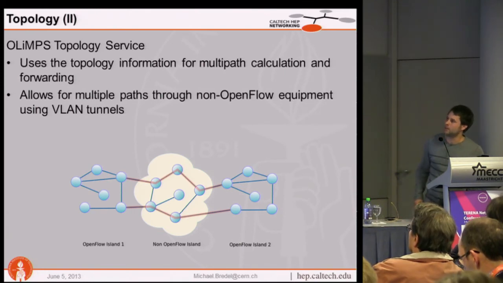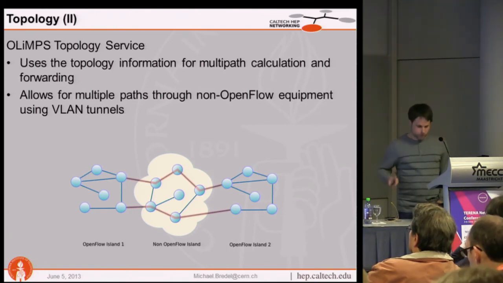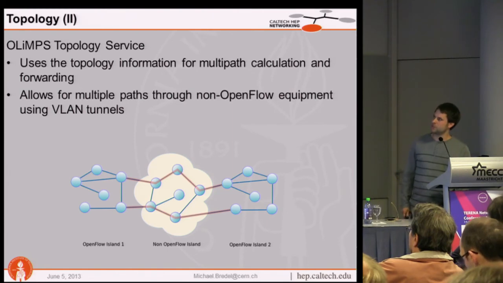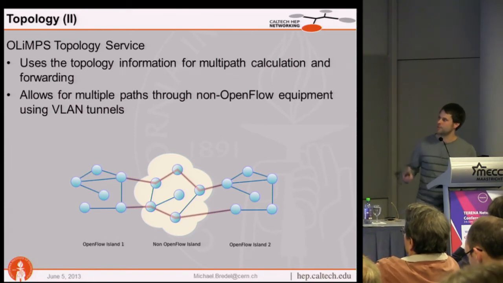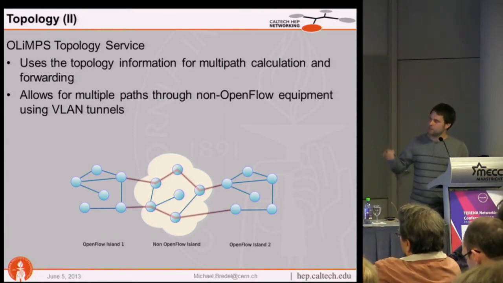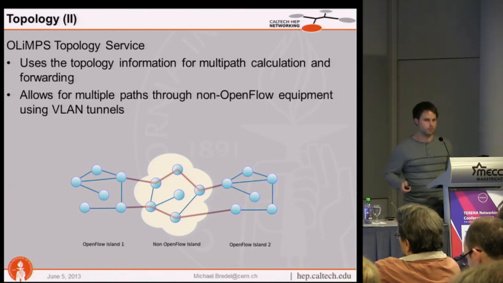And then the OLMS controller or the OLMS extension uses this topology information to calculate multiple paths and actually do the forwarding. And as I said before, we also allow multiple paths through non-OpenFlow equipment.